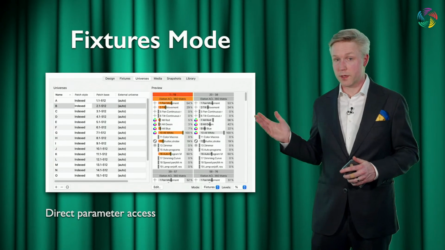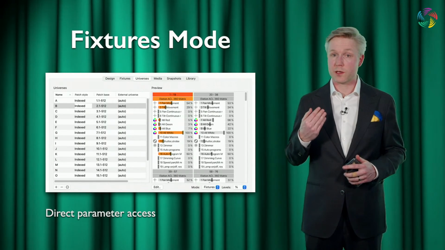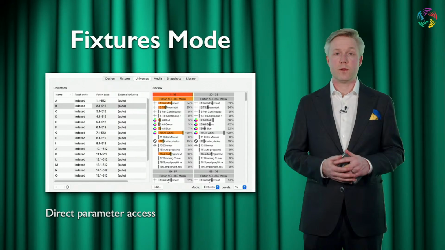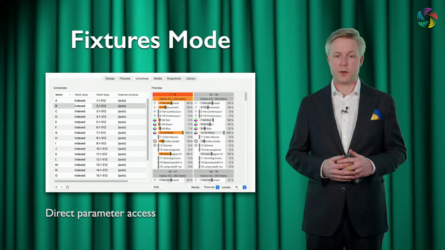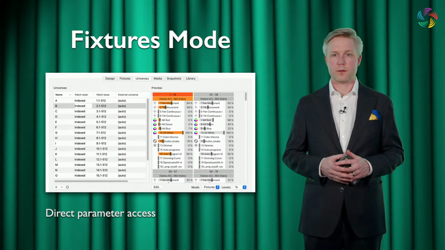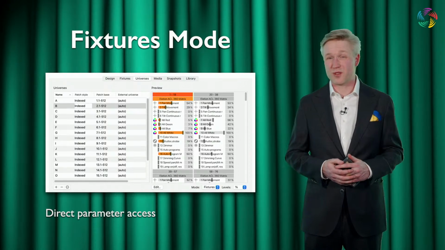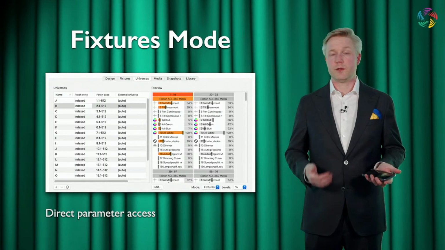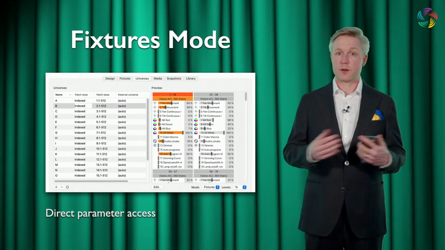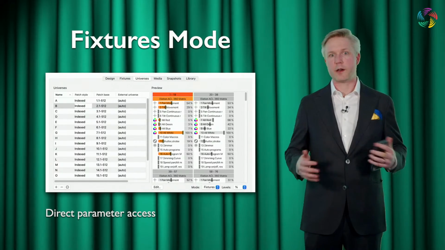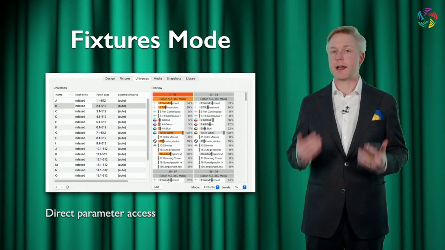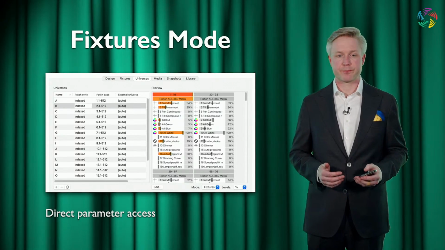In addition to just seeing it, you can now also interact with the parameter sliders. This is useful in many situations where you need to troubleshoot things or control something that the control plane cannot control for whatever reason. It's not that we're trying to get away from making the control plane better, but we are acknowledging the fact that sometimes you just have to get direct access to the parameters.